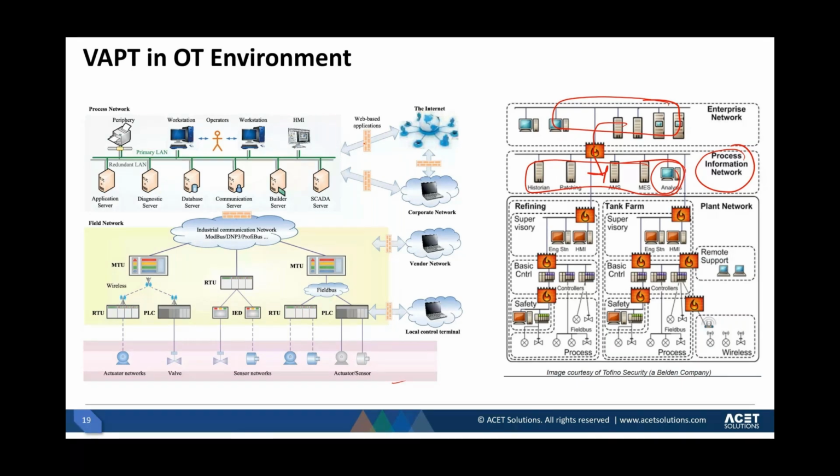And very rarely, they let you get into the level 3 part of things. However, a lot more use cases I've seen during the project stage or when the plants are shut down.